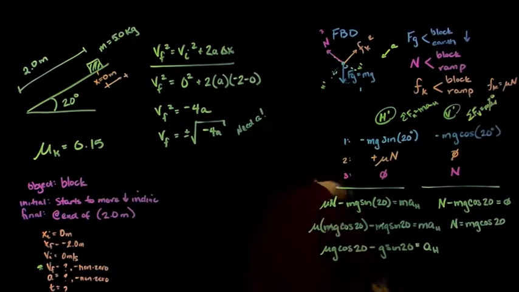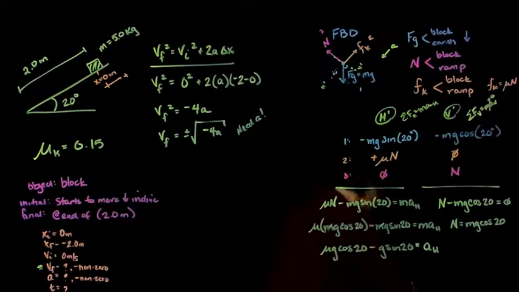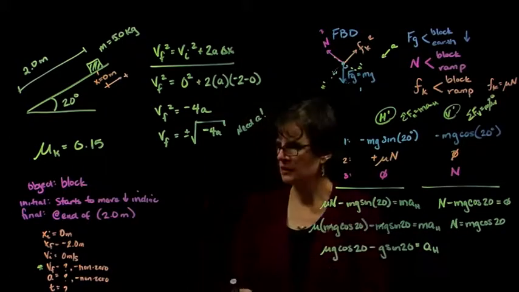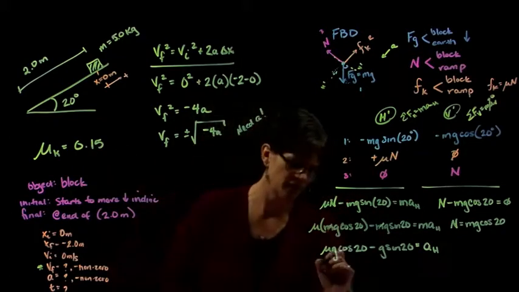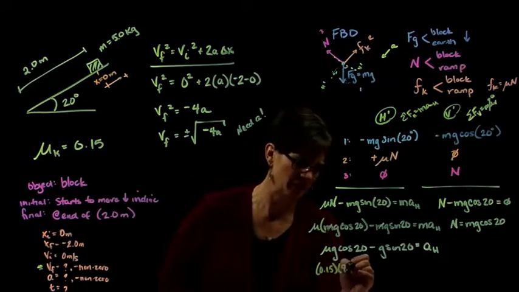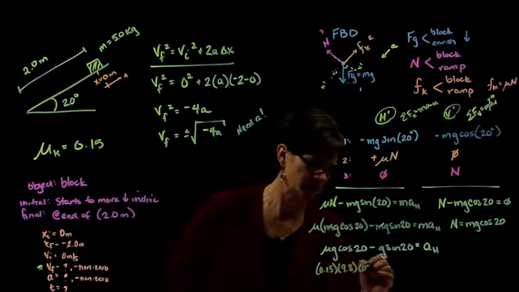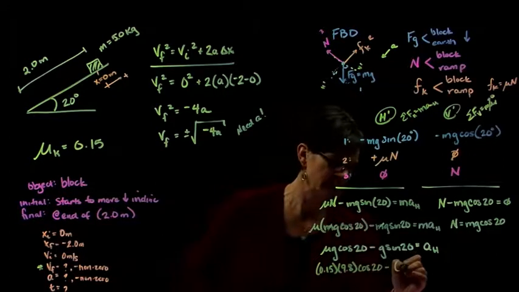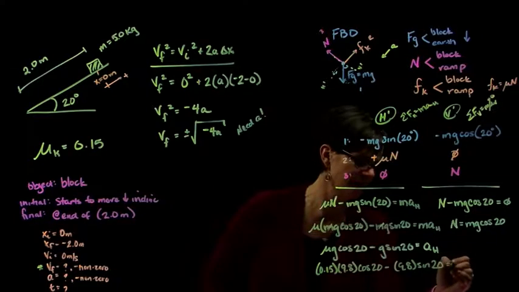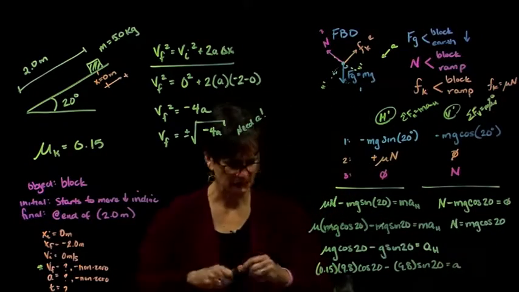And I've got to grab my calculator back here. All right, so mu, we are told, is 0.15, times g of 9.8 times the cosine of 20, minus 9.8 times the sine of 20, is going to equal my acceleration.